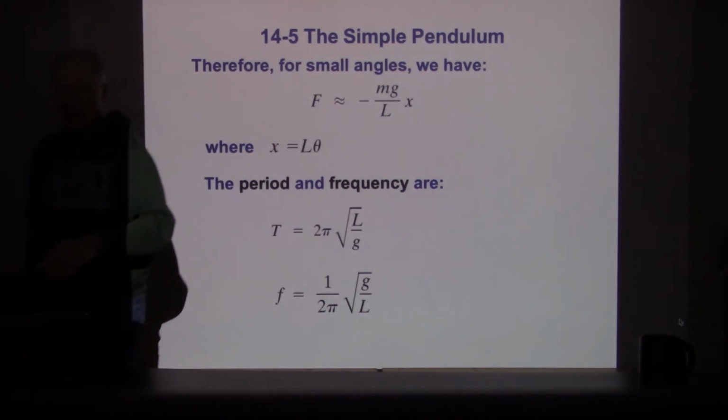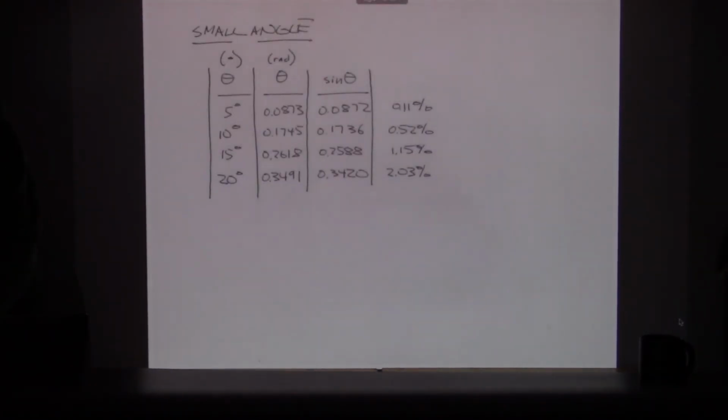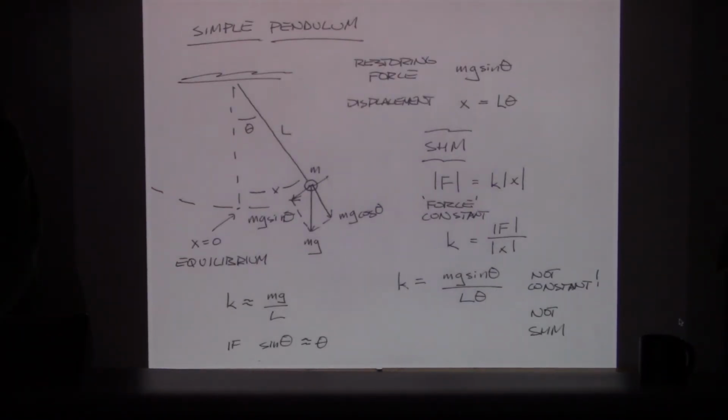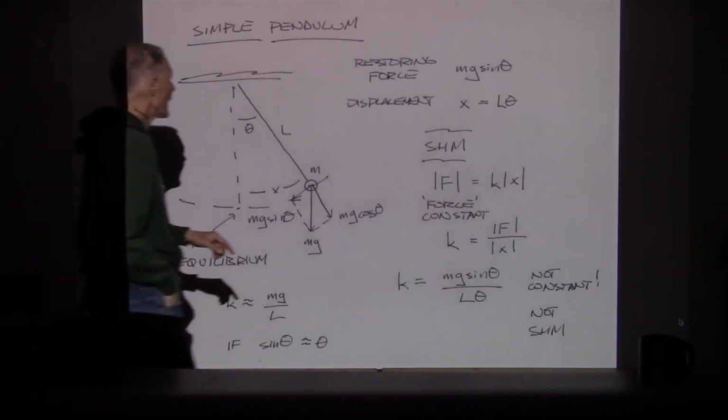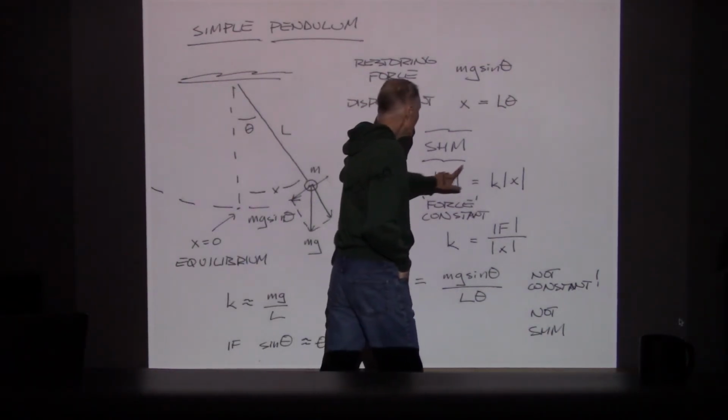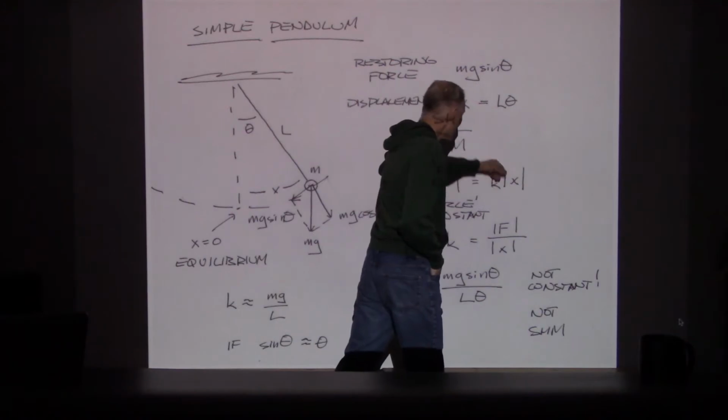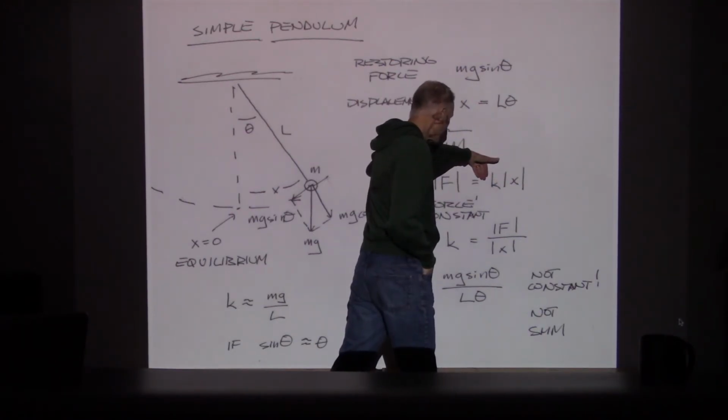Okay, if we go back, we had all those things listed, right? Oh, we got to get the x in there too. I see. And so now what we're going to do is we're going to say that F is equal to K times x. They're putting the minus sign back in.